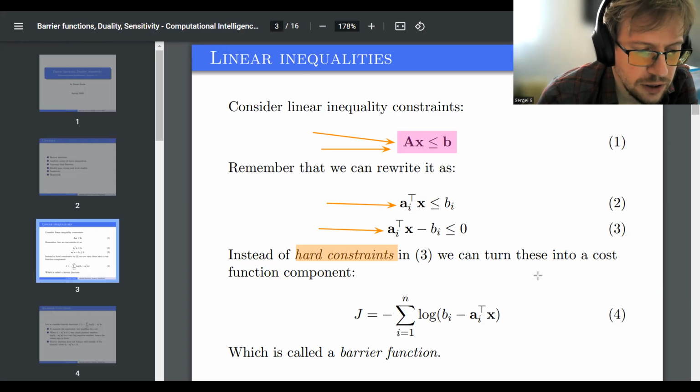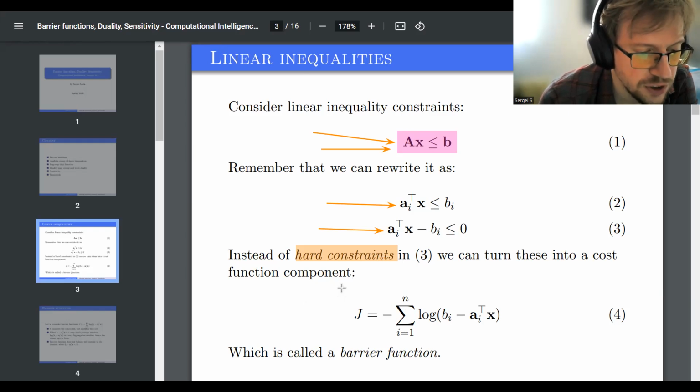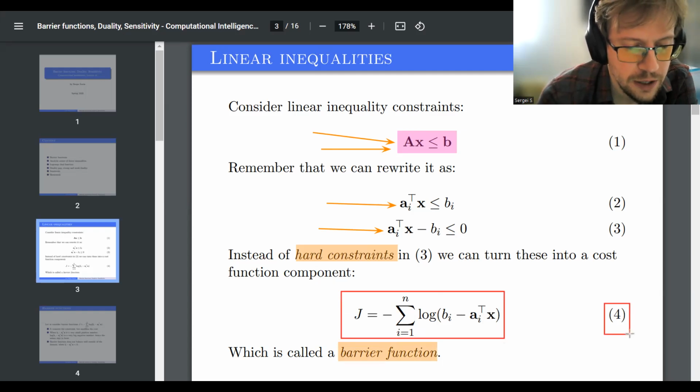Now, to turn this into a soft constraint, we can use a log barrier function. It has the form presented here, equation number 4.